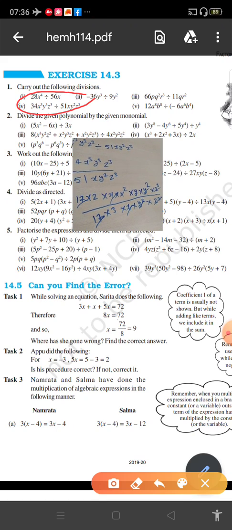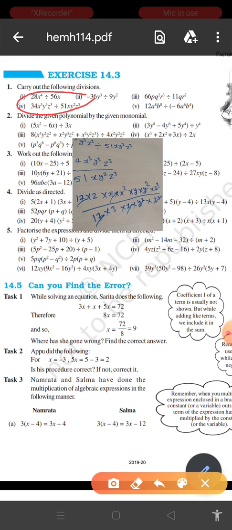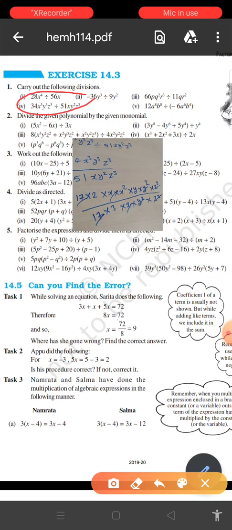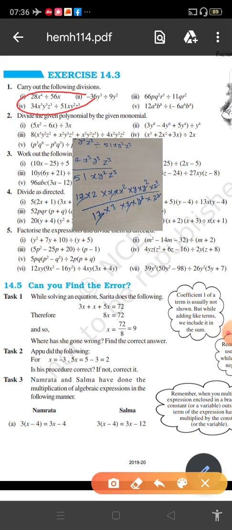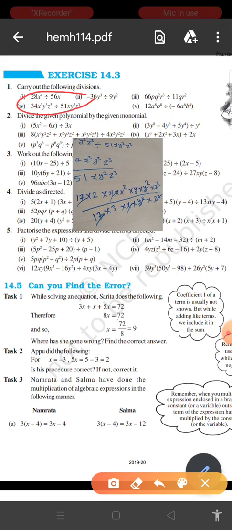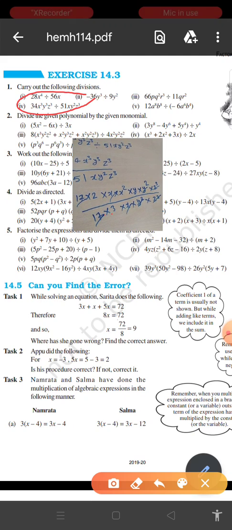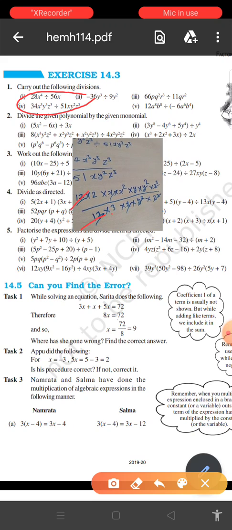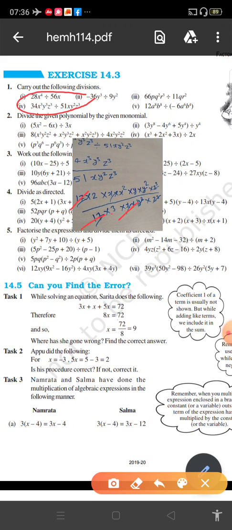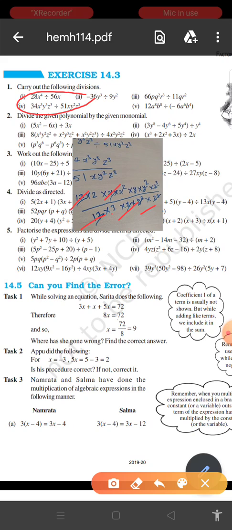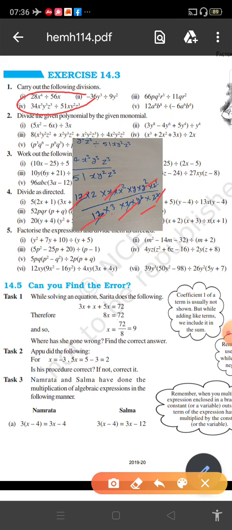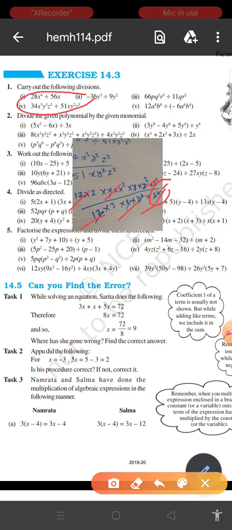After this you can cancel it, and the remaining part of this calculation becomes your required result. So you can see 17 cancelled here, x also cancelled, y square is cancelled, and z power 3 also cancelled.